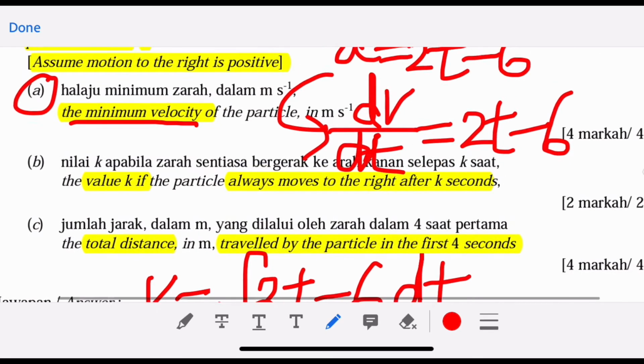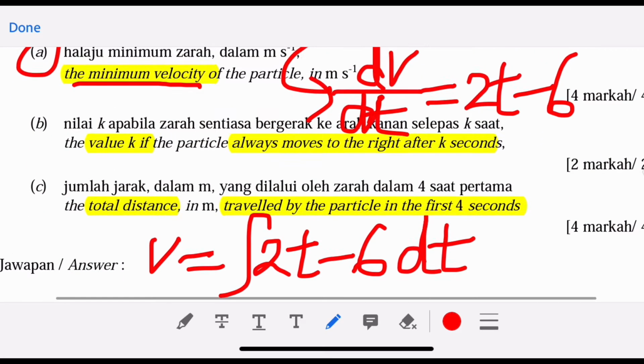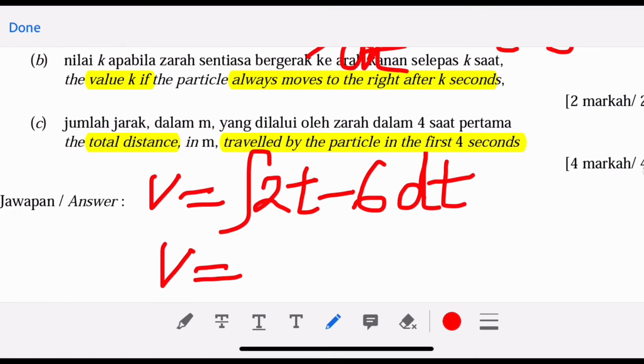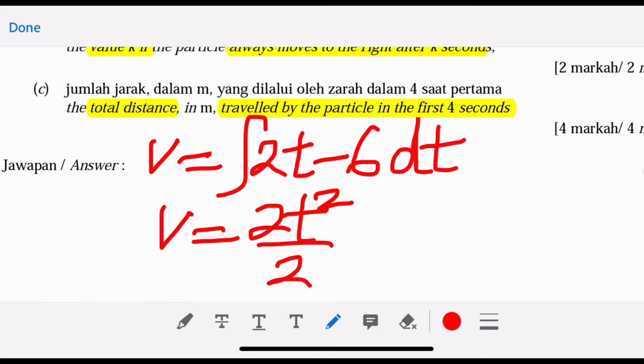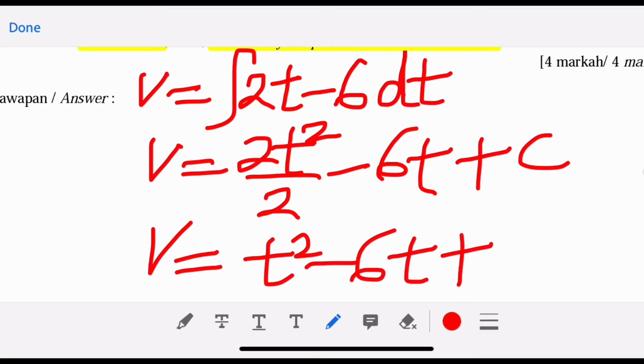Alright, so we have to understand that if we want to find the velocity, we need the time, right? Later, we will use the keyword minimum. Okay, now we integrate first. 2t squared over 2 minus 6t plus c. If we simplify, we get t squared minus 6t plus c, right?